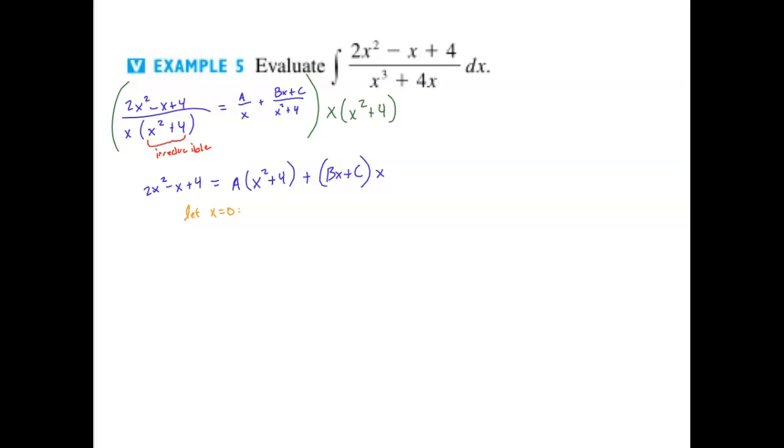And that'll leave me with, what? I'll have just 4A on the right, and on the left I'll have 4. And now I know that A is just 1, right?